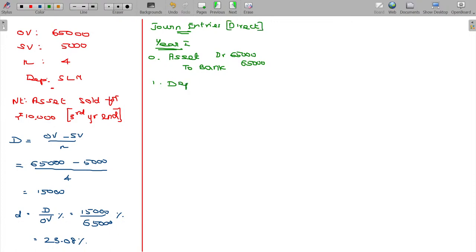So depreciation account debit to asset account. The value of depreciation in the very first year is 15,000, as it is SLM. Year after year the amount of depreciation is the same 15,000.